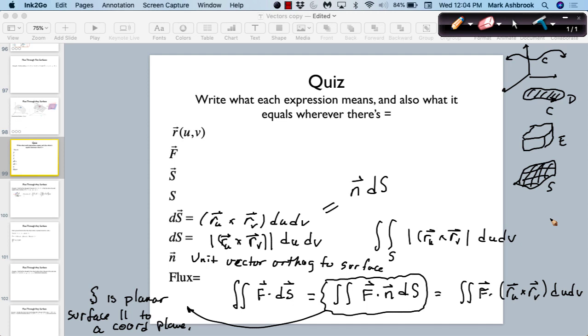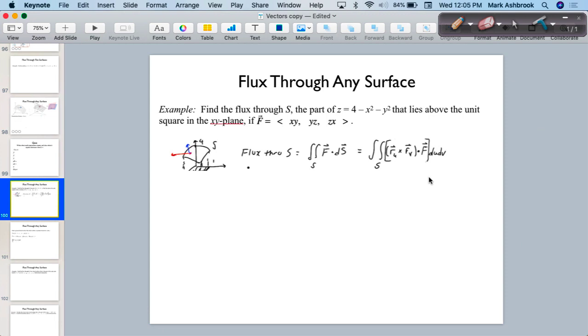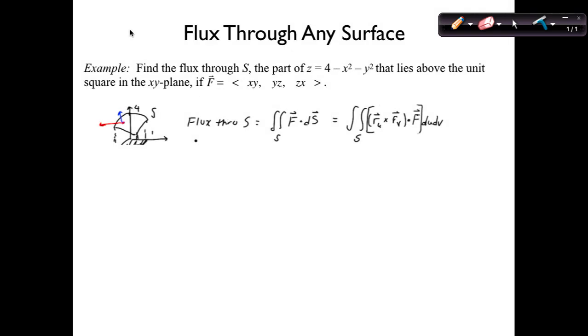So let's do examples. Questions? Okay, here's one. We want to find the flux through S, where S stands for this surface: the part of z equals 4 minus x squared minus y squared that lies above the unit square in the xy plane.